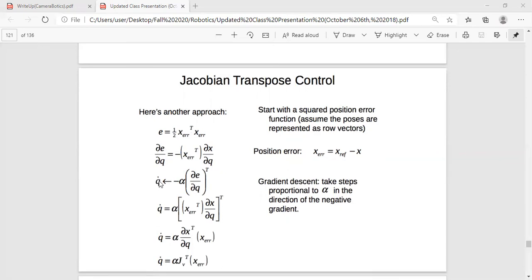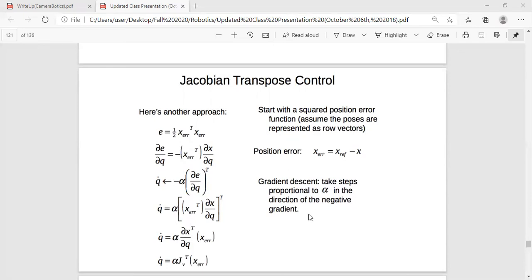So this is the derivative of the error with respect to theta, right? Now, if you change your theta to reduce the error, so if you take steps proportional to alpha in the direction of the negative gradient, then q prime is going to be proportional to that. So I can write q prime is equal to alpha times this guy, right?